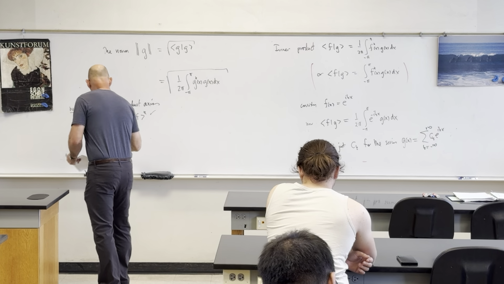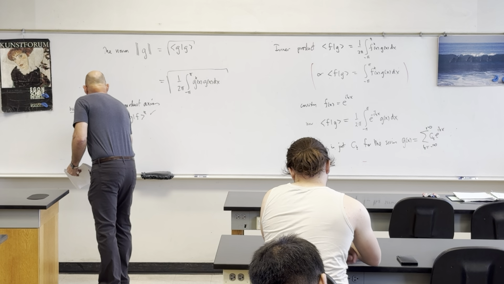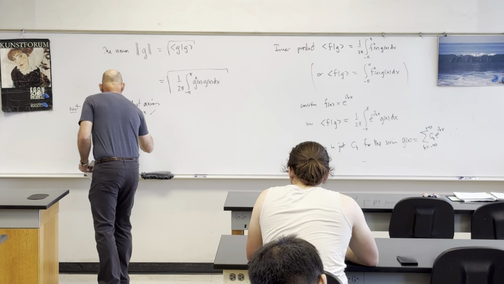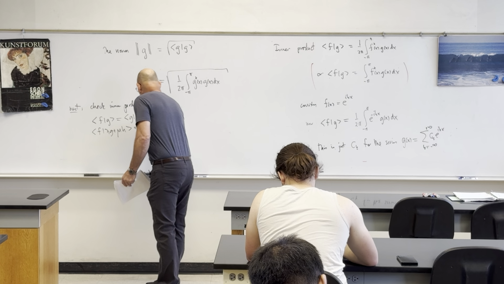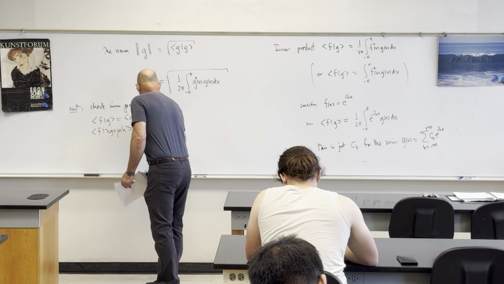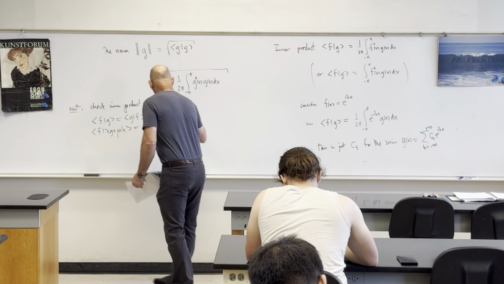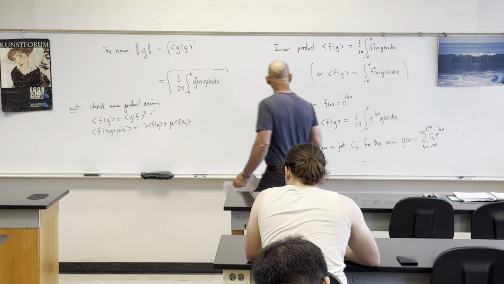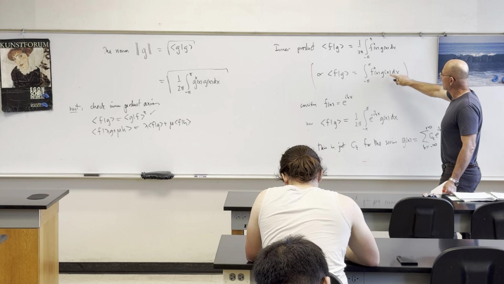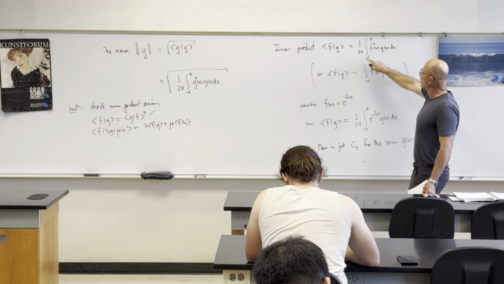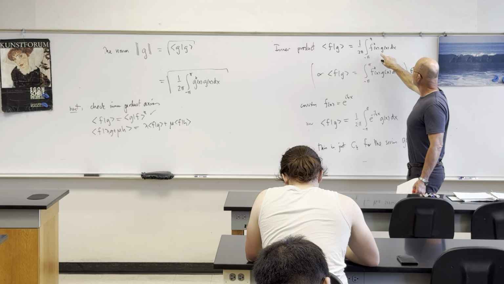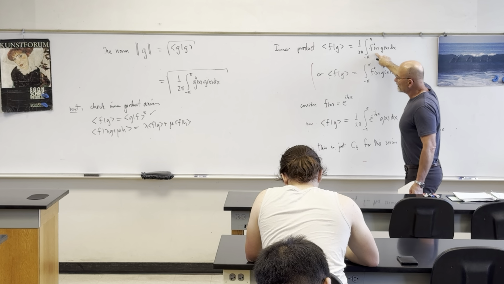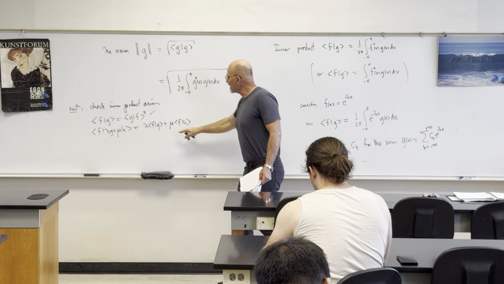And then if I have f with lambda g plus mu h, and it's supposed to be lambda times f g plus mu times f h, and we go up to this definition, it doesn't matter which one we use. Because the first one is the one that's being complex conjugated.